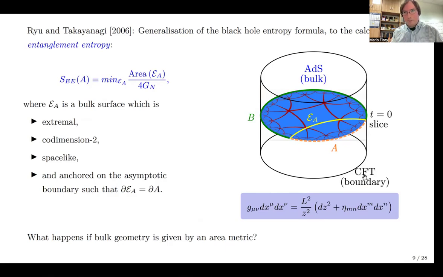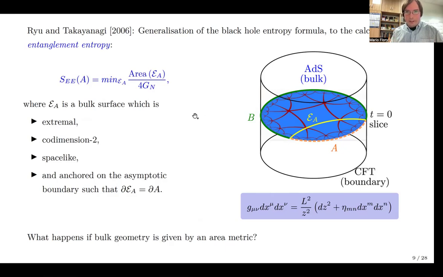And because the CFT is a quantum theory, if you take a little subregion of it, you can define the so-called entanglement entropy, which is a measure of quantum entanglement between that region and its complement. And via the Ryu-Takayanagi formula and holography, that is encoded in the surface area of a given extremal surface that lives here in this curved bulk geometry.